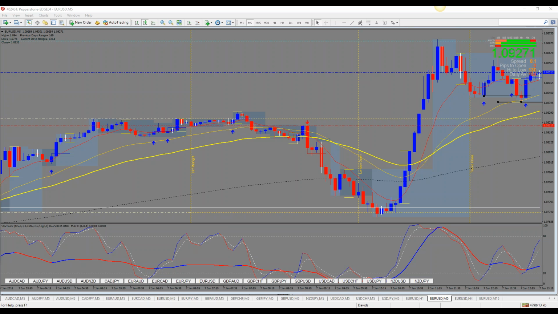Emotions can play a part. If you follow the rules, then you win. If you don't follow the rules, then you can get hurt, and you can get hurt badly. There's a couple of times in the past where I've taken trades and not followed my stop loss because I assumed that it was going to go in, come back, and it would go huge pips against me, and I would finally just say, you know what, I've had enough, and close it out.